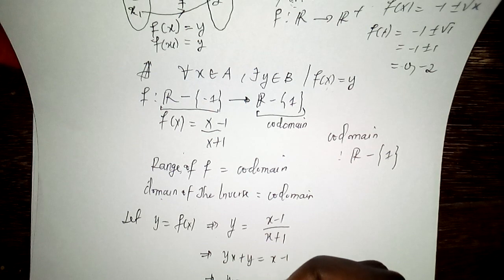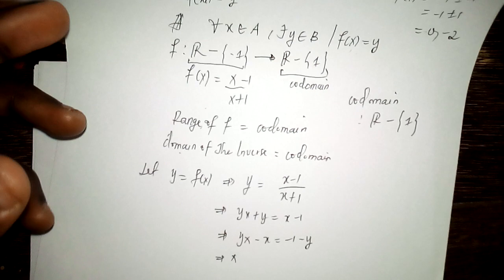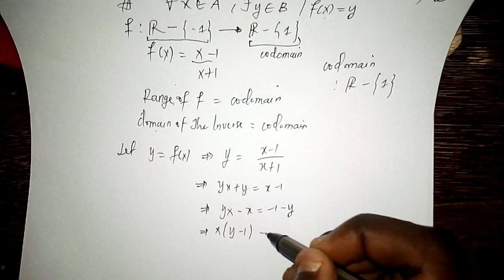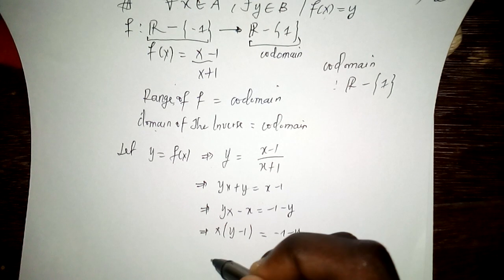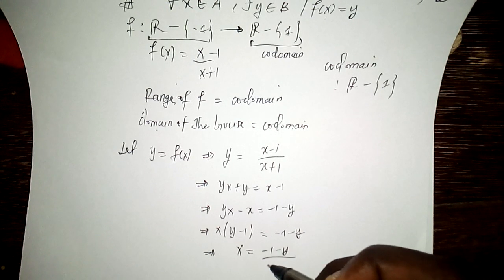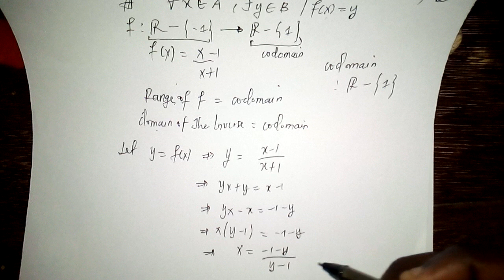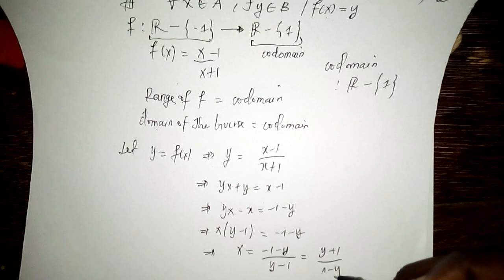So yx minus x is equal to -1 minus y. So this means that x times (y minus 1) is equal to -1 minus y. So it means x is equal to (-1 minus y) divided by (y minus 1). So you can divide by the negative and we get (y plus 1) divided by (1 minus y).